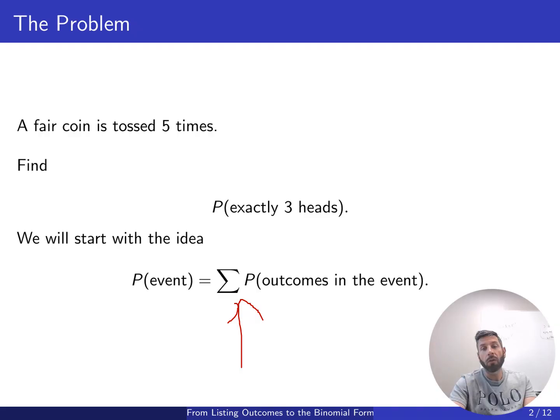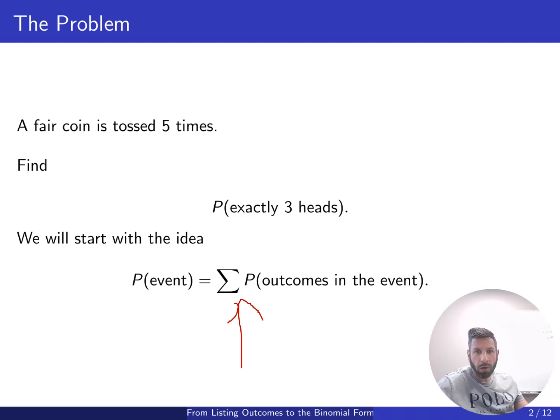And in order to solve this using basic counting methods, we need to know precisely how many favorable outcomes there are out of the 32. If you write them down and count properly, you'll recognize that there are 10 favorable outcomes. So this is not a hard problem.